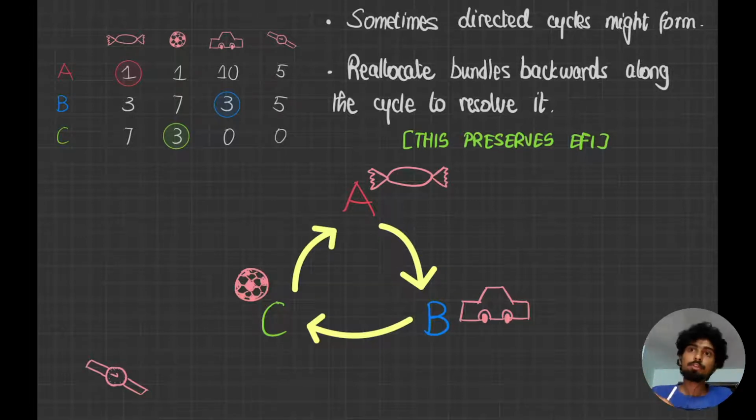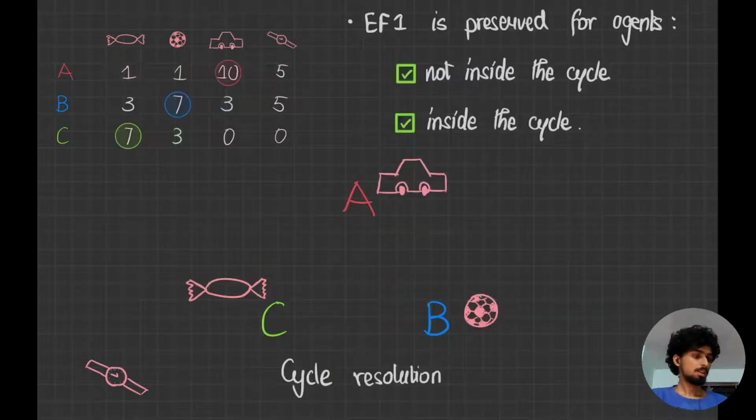And if my envy for you was EF1 before by dropping a good from your bundle, because the bundle has just changed hands, the new envy that I have for that agent is still going to be EF1 by dropping the same item. So because EF1 is evaluated with respect to envied agents' bundles, EF1 is preserved by cycle resolution.